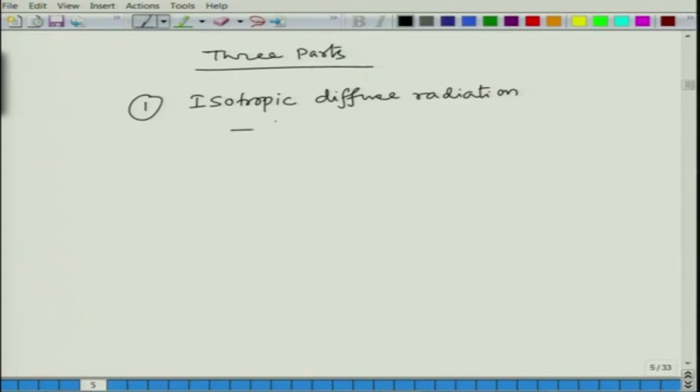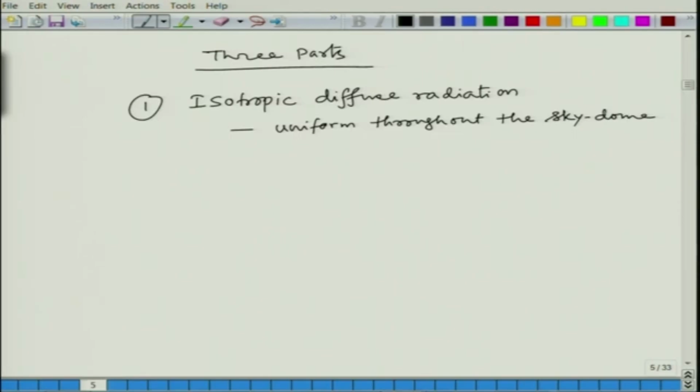Isotropic means it is the same in all directions. So, this is the part which we assume is uniform throughout the sky dome.